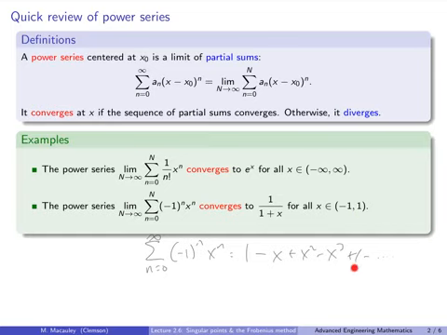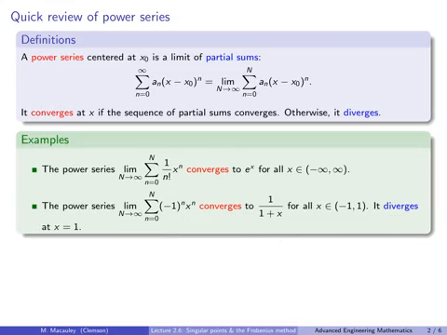It doesn't make sense to plug in 1 or 2 or 3 or anything else, but it does converge to this fraction for all x in this interval. It diverges at x equals 1 and outside this interval as well.